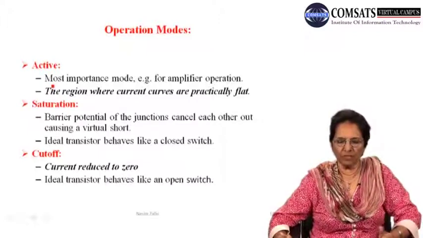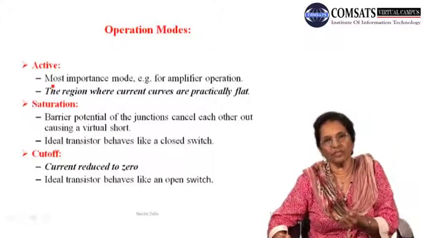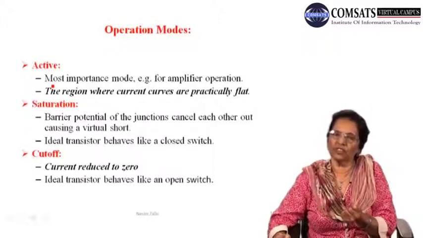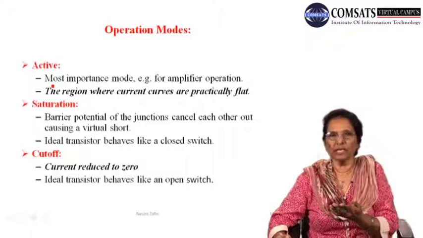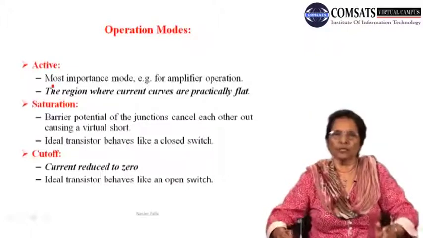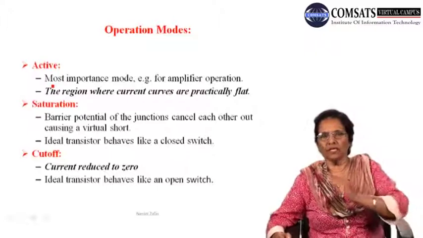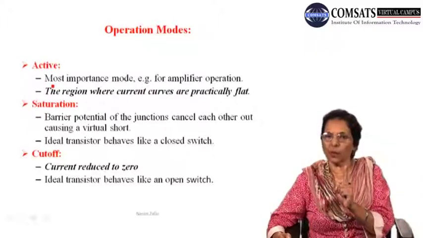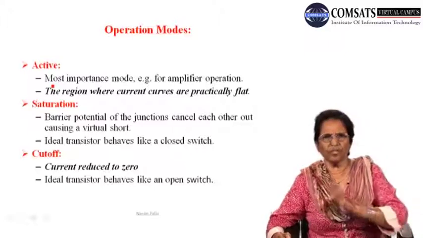Well, the active region means that the emitter base junction is now operating in the forward bias mode, and hence current is flowing. You get the output current at the collector terminal, and that current, for a fixed value of the base current, more or less remains flat.